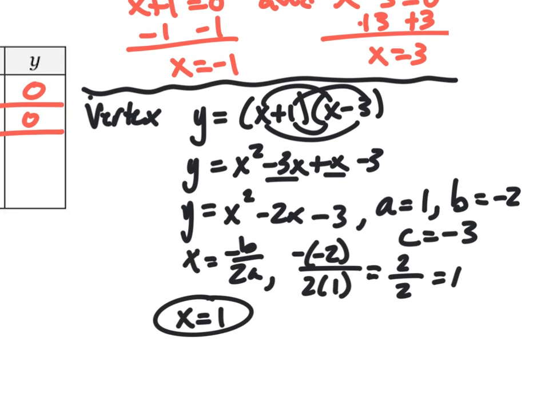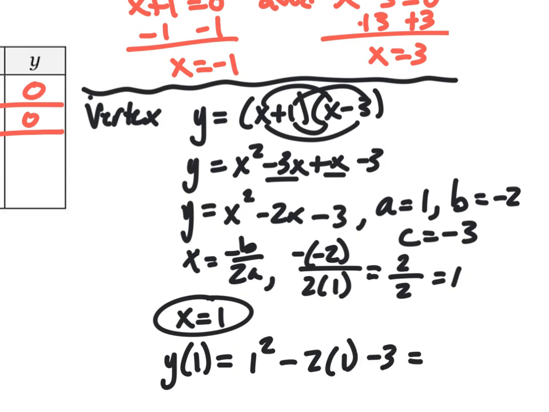Now I plug that into my function. So I'm going to get y of 1: 1 squared minus 2 times 1, and then minus 3. So I get 1 minus 2 minus 3, which is going to give me, what is that going to give me? Negative 6?